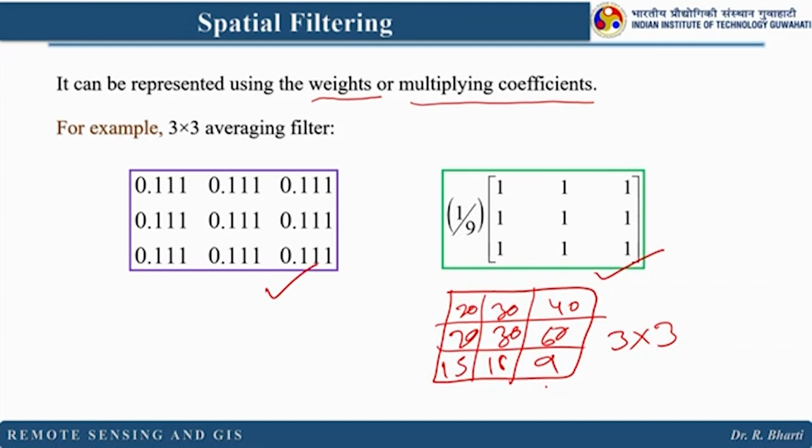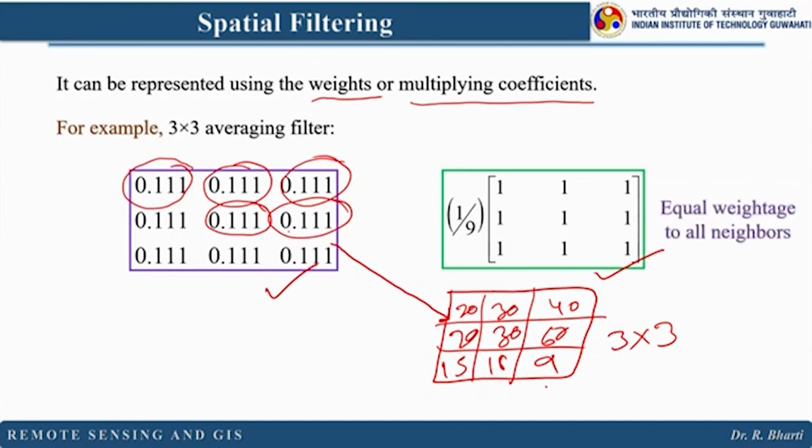So what will we do? We will exactly overlap this image pixel with these weights or multiplying coefficients, and then we will calculate the average. Here all the neighboring pixels, including the center one, have got similar weightage. I have given equal weightage to all neighbors.